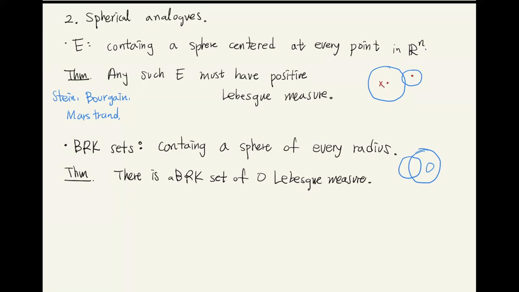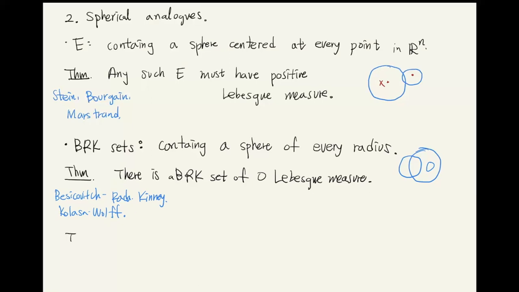This is due to Besicovitch, Rado and Kinney on the plane, and in higher dimensions this was obtained by Kolasa and Wolff. The natural question is whether such a set cannot be too small in the sense of Hausdorff dimension.